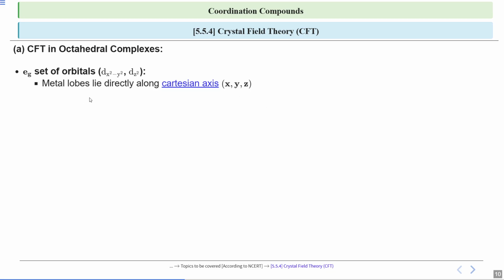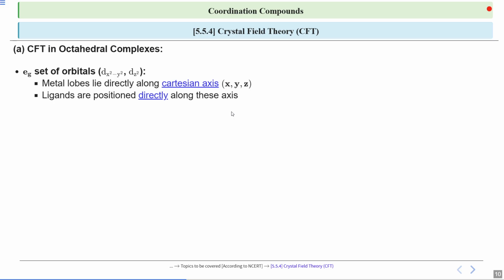Ligands are positioned directly along these axes. When ligands approach the metal, they also position along the Cartesian axes x, y and z, so they are positioned directly along these axes, where the eg lobes, dx square minus y square and dz square, are lying.